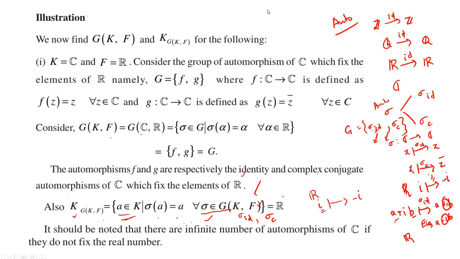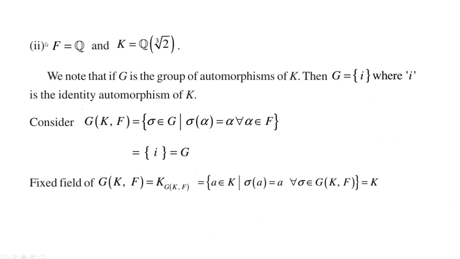So this is the first one, and then next we have: let F be Q and K be Q of cube root of 2. So in this, what are the automorphisms? This we have already dealt with in one of the problems, in roots of polynomials, in the exercise problems that we discussed.